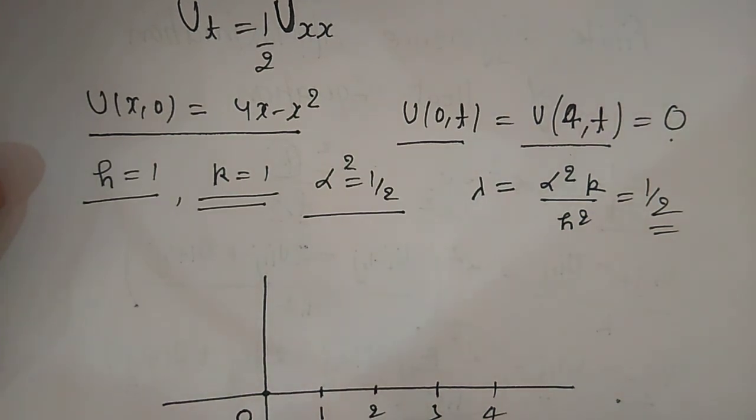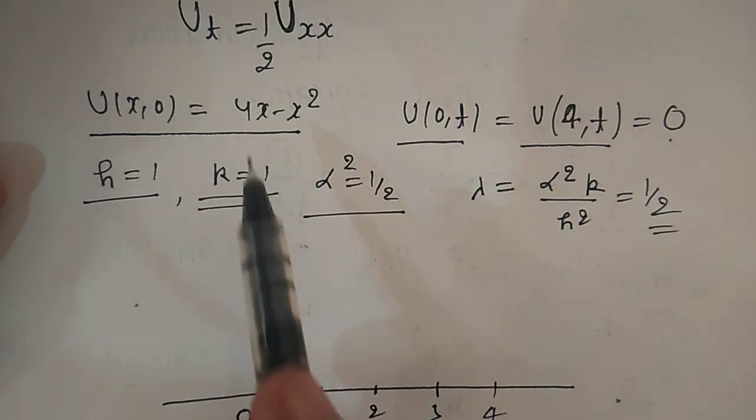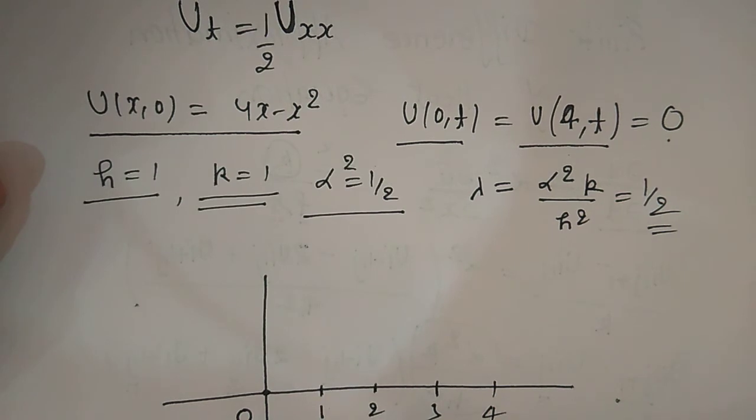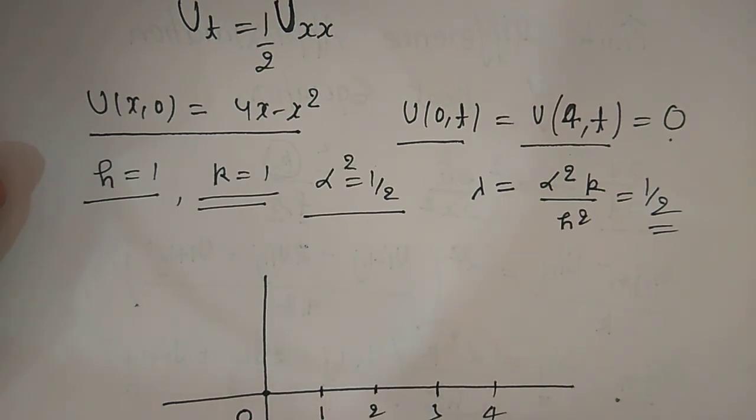For 2, we have 4 into 2, 8 minus 4, so u value is 4. For 3, we have 12 minus 9, so we have 3 here, and for 4, it is 0.